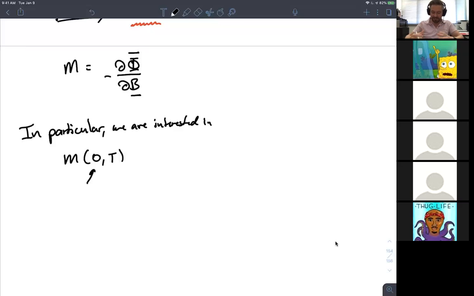So this value of the magnetization when the applied external field is equal to 0, this is what's referred to as the spontaneous magnetization. Okay, so this is really what we're interested in.